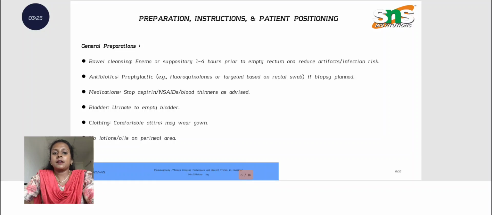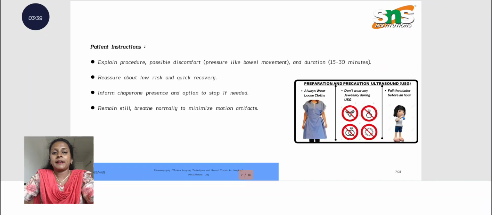Before starting the procedure, the patient has to empty the bladder. Regarding clothing, comfortable attire should be worn, and no lotions or oils should be applied near the perineal area.